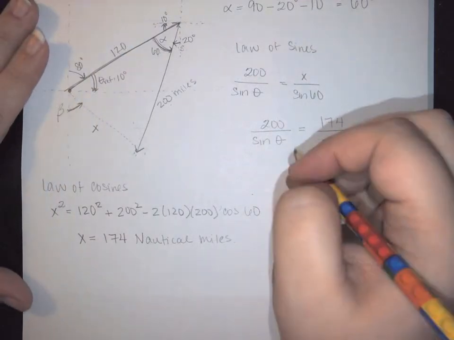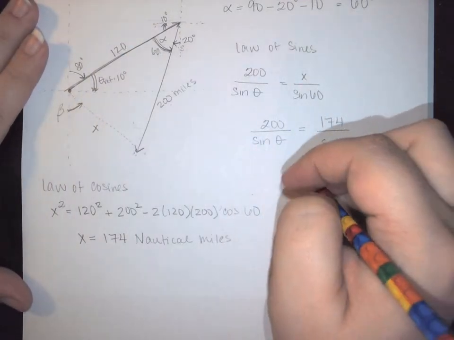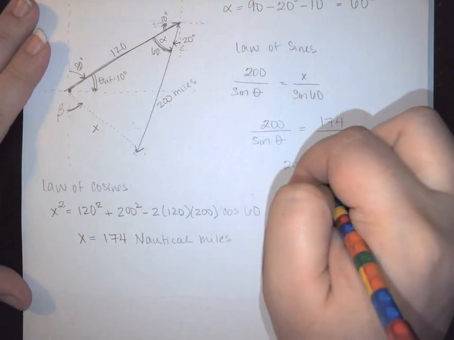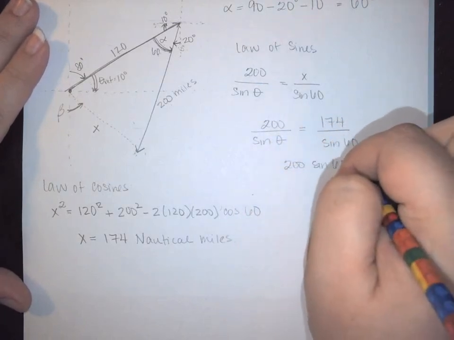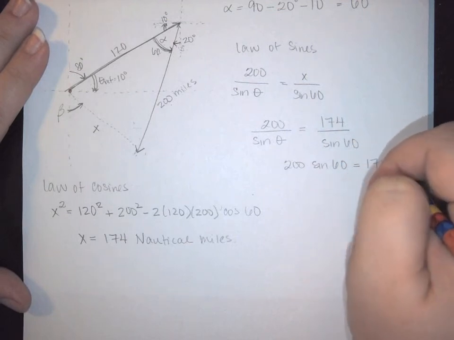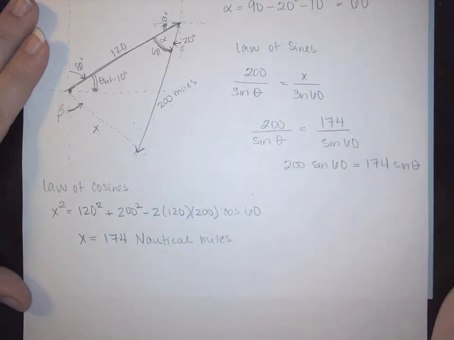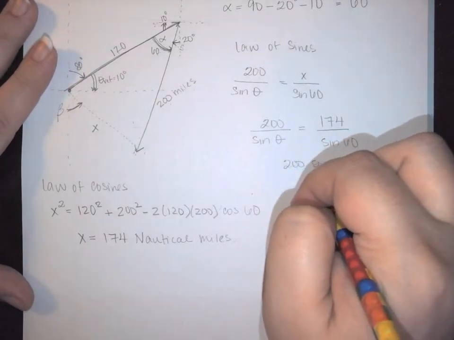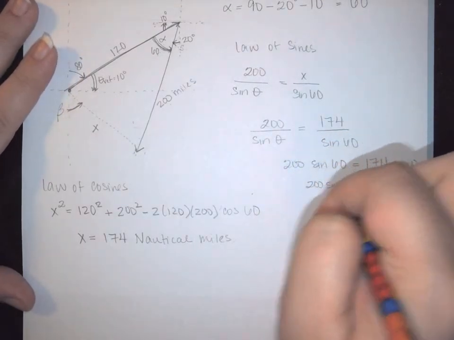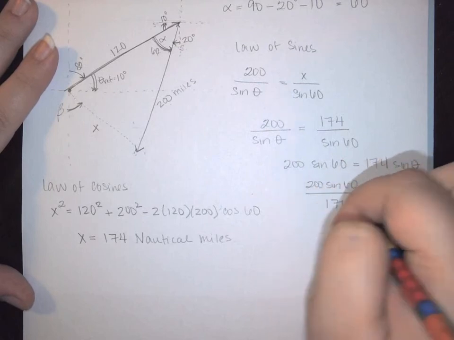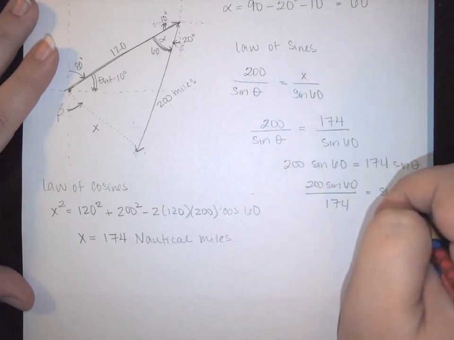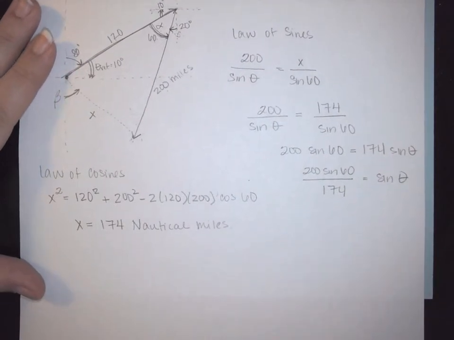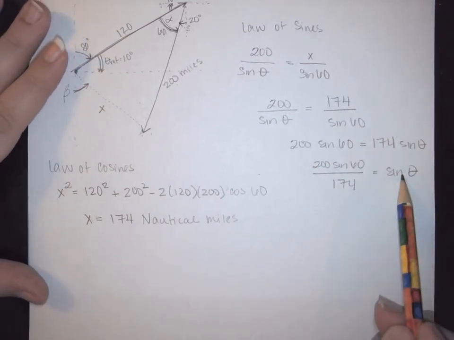So here we can cross multiply, so we end up getting 200 sine of 60 equals 174 sine of theta. Divide by 174, so we have 200 sine of 60 over 174 is equal to the sine of theta. So we need to find my sine here.